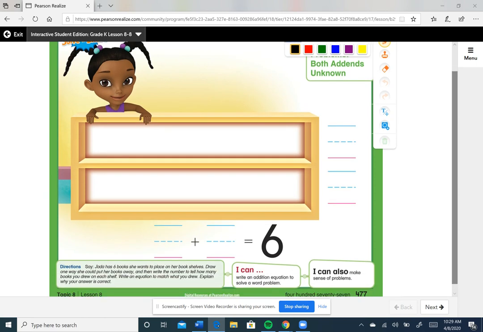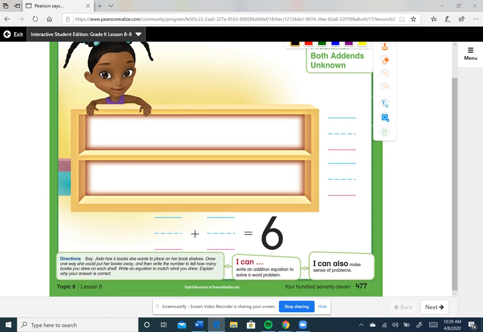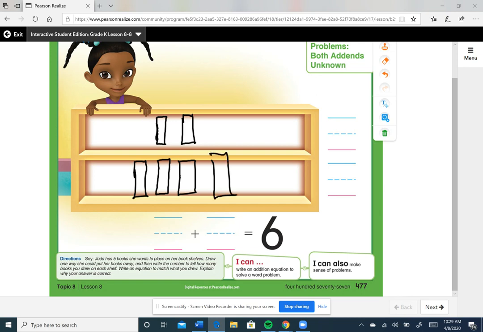So let's try this. These are Mr. Grun's books. Okay, I have 1, 2 on my top shelf, and I have 1, 2, 3, 4.